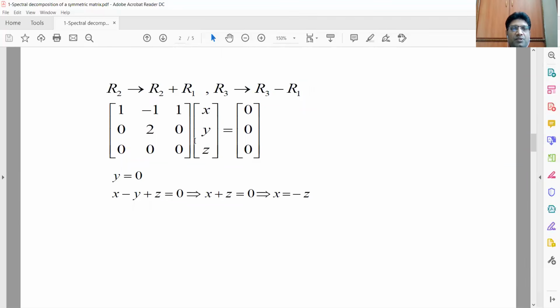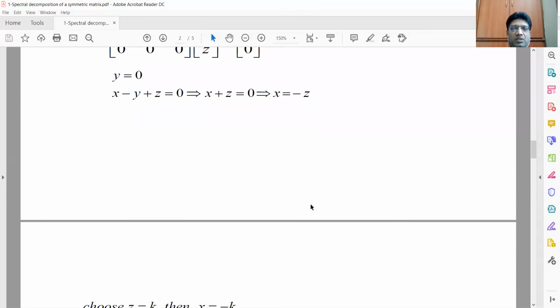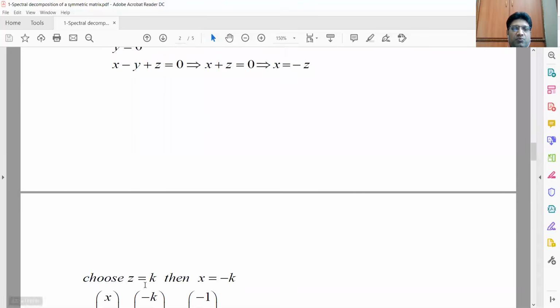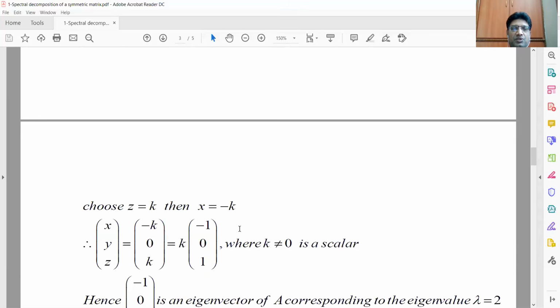From this, by back substitution, 2y is 0, that implies y is 0. Next, x minus y plus z equals 0. Already y is 0, therefore we get x plus z is 0. This implies x is minus z. So I will choose z as some constant, z equals k. Then x is minus k and y is 0.